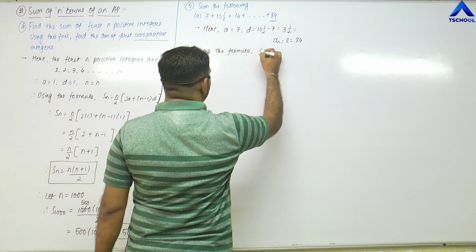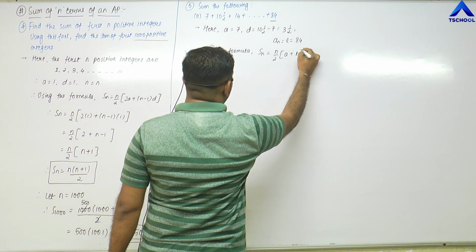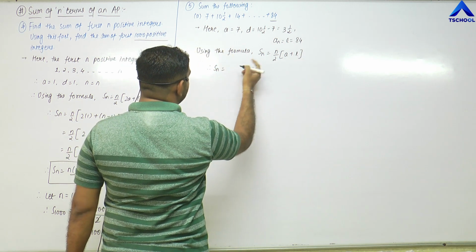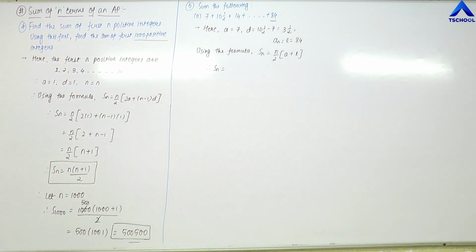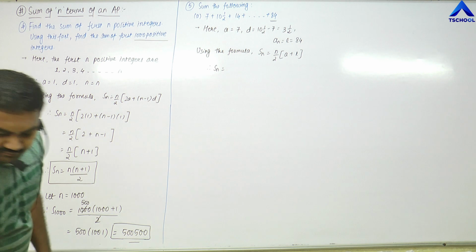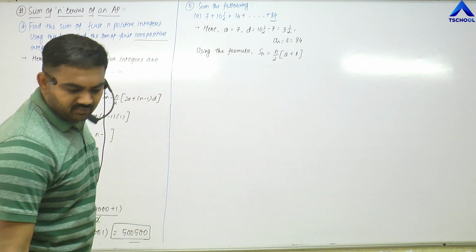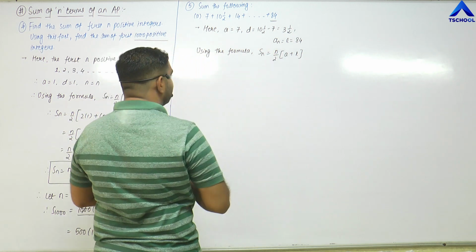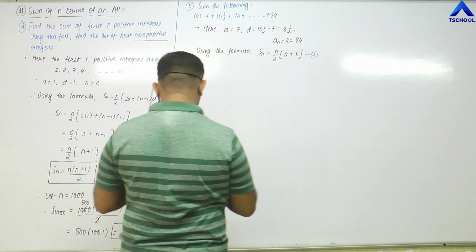So using the formula Sn equals n by 2 into a plus l. We don't know n, friends, so what is to be done here? First of all we shall use a formula to find out n. Sn equals n by 2 into a plus l. So that is the first one.